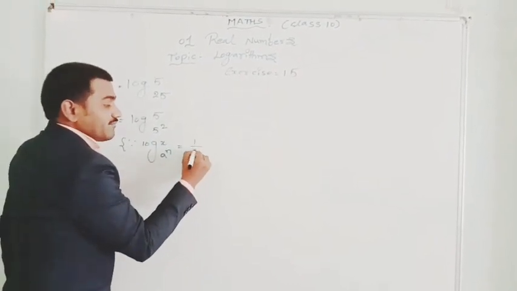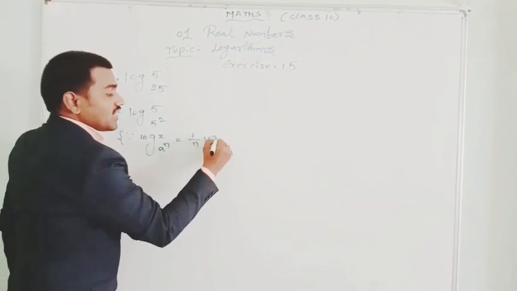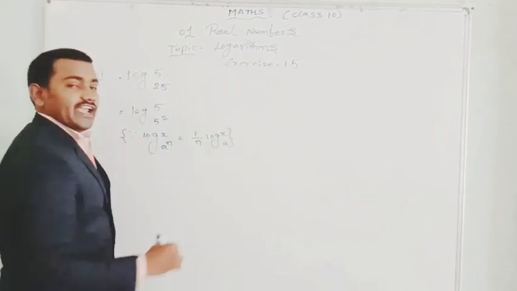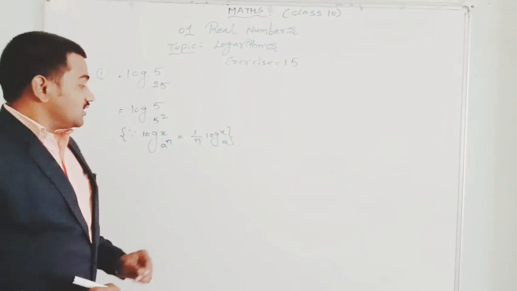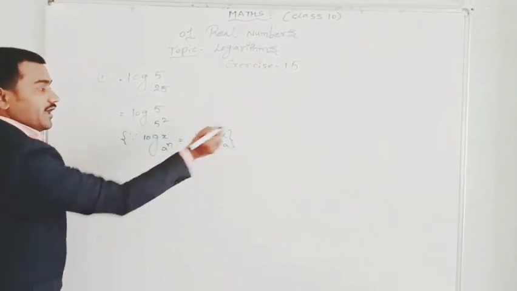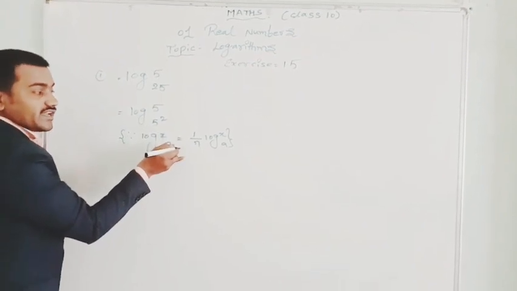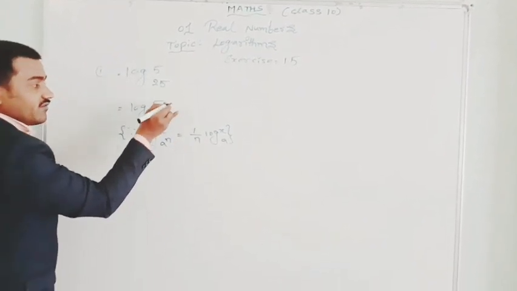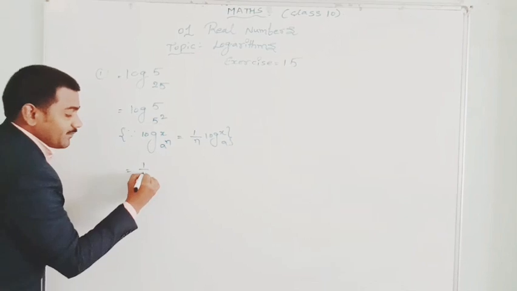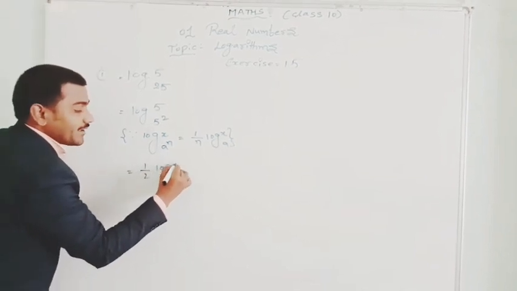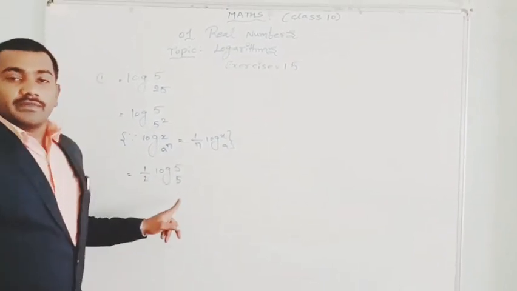So it comes as 1 by n log x base a. According to this formula, here the power of the log value is 1 and the power of the base is 2, so it comes as 1 by 2 log 5 base 5.